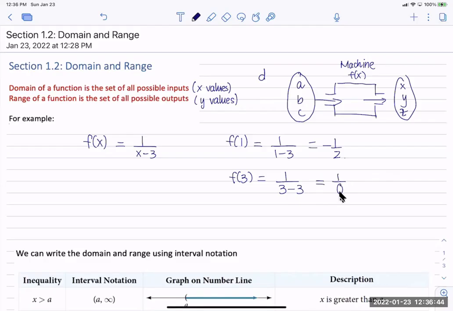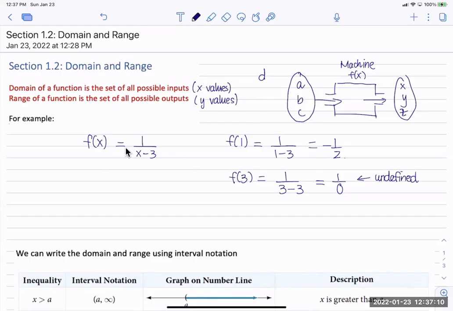Note that in mathematics, when you divide by zero, it's not defined. Any number divided by 0 is undefined. So when your input gives an undefined output, that number is not in the domain of this function.